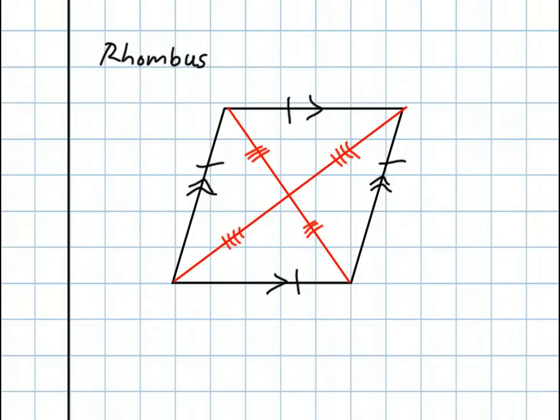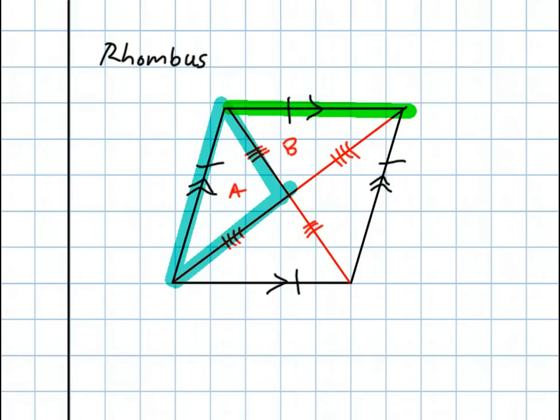Can I prove anything else about the parallelograms? Well, let's look at triangles A and B. Now, this feature of a rhombus, that all the sides are the same length, means this other feature can be proven.